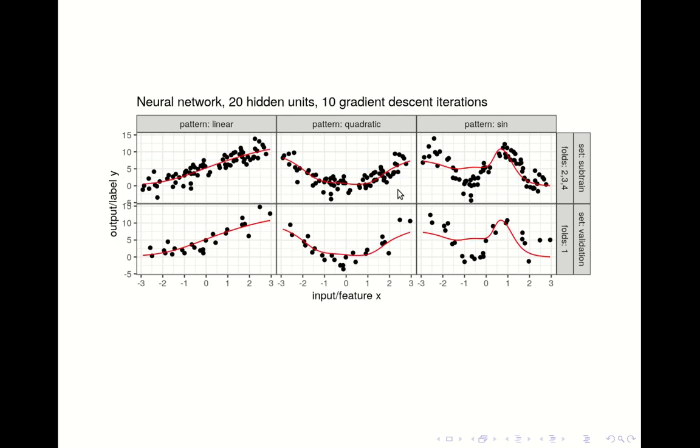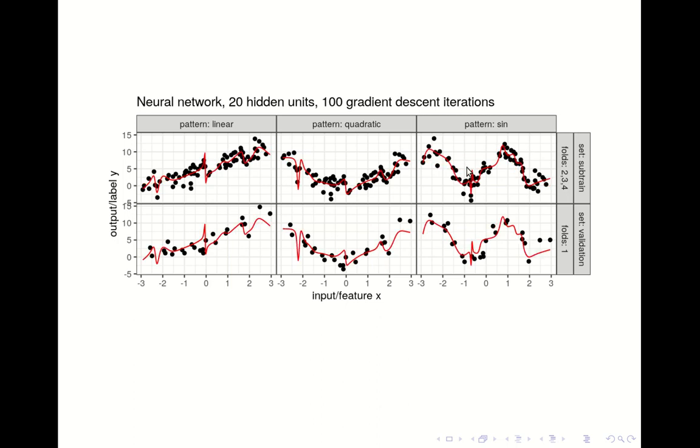So as we increase the number of iterations, the machine learning starts to fit the data better, right? So after 10 iterations, we can see that, well, it's fitting the linear pattern and the quadratic pattern pretty good, but the sine pattern is still maybe overestimating in this part of the input space, for example.